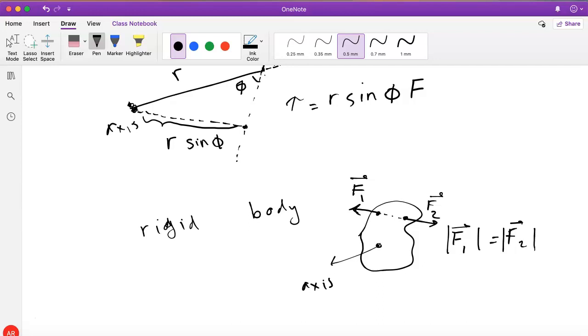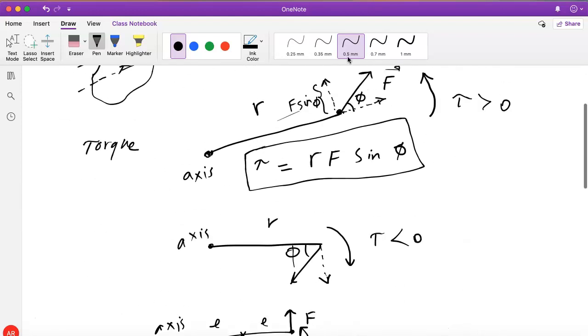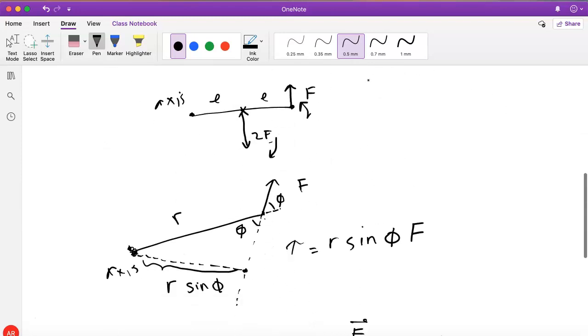Well, I can imagine this here is R1, this here is R2. So I can try to find these angles, calculate the individual forces, find the component of the forces perpendicular to R1, find the component perpendicular to R2, and add them up using the first way to visualize this, taking the component of the forces perpendicular to the arm.